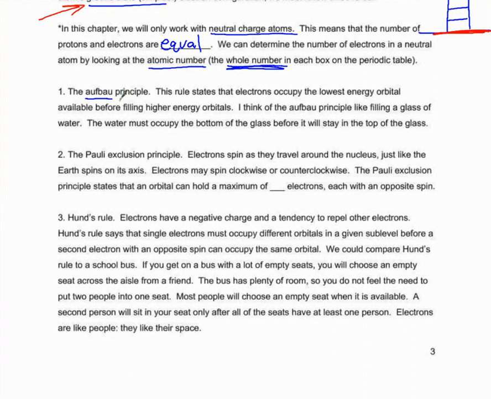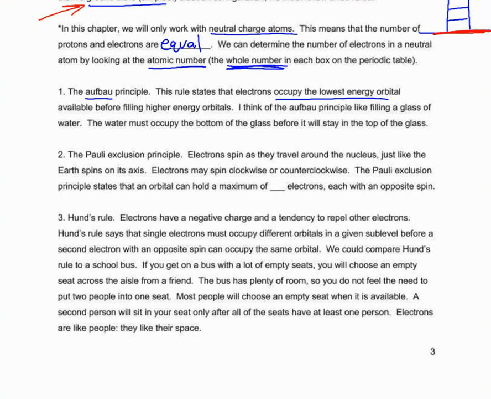It means built upon. So this rule says that electrons occupy the lowest energy orbital before filling any higher energy orbitals. If we're talking about a ladder, that means we're going to stand on the ground, and then our next step would be the first ladder rung. We're going to take the steps in order, take the energy levels in order.